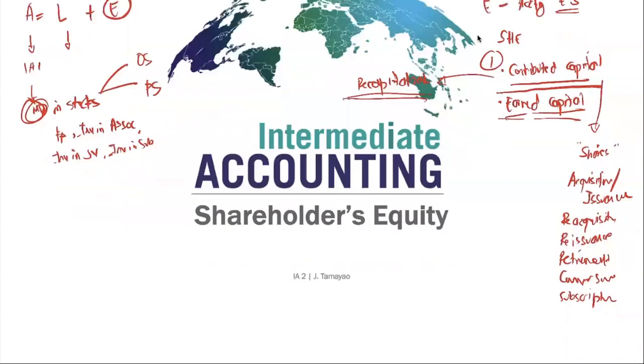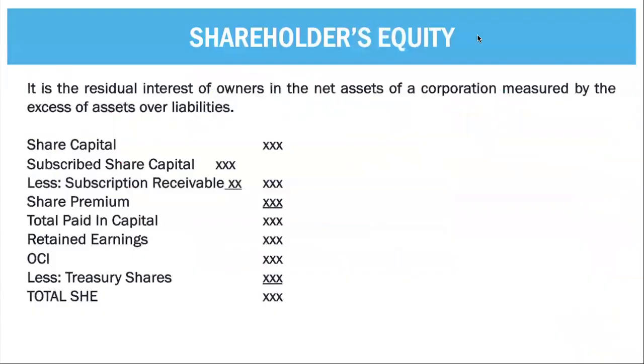So what is a shareholders' equity? A shareholders' equity is the residual interest of owners in the net assets of a corporation measured by the excess of assets over liabilities. You already know this one because asset is equal to liabilities plus equity. To compute for equity, equity is equal to asset less liabilities.